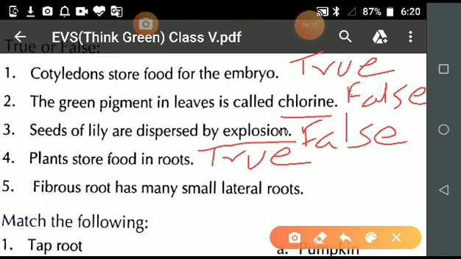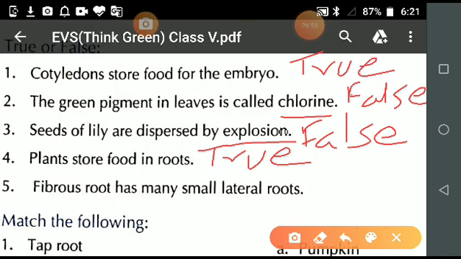Fibrous root has many small lateral roots. So, student, I explained there are two types of root: tap root and fibrous root.